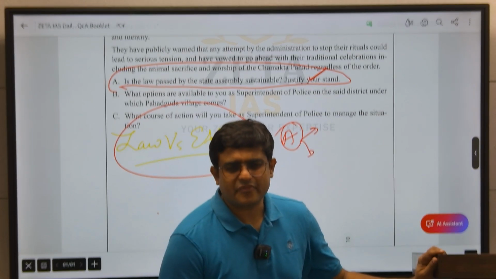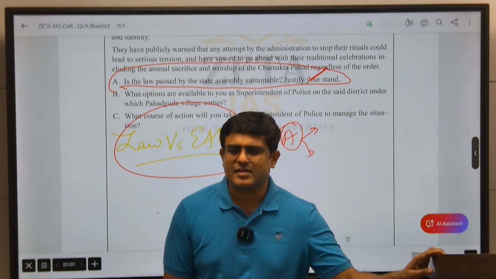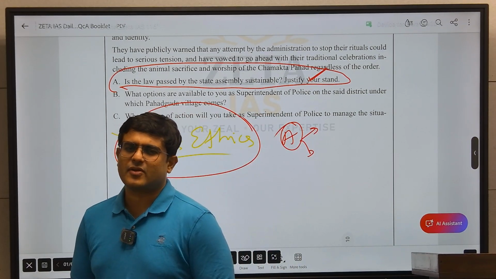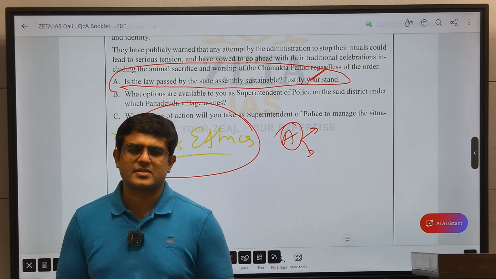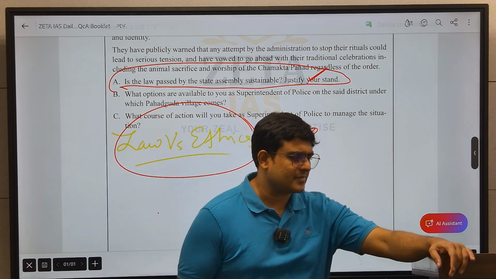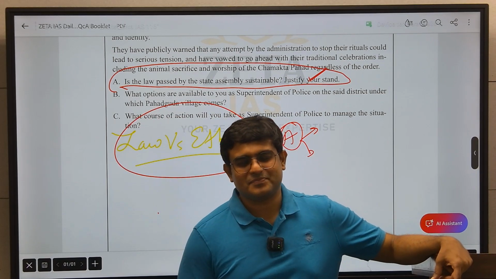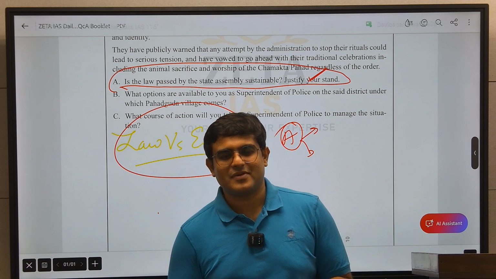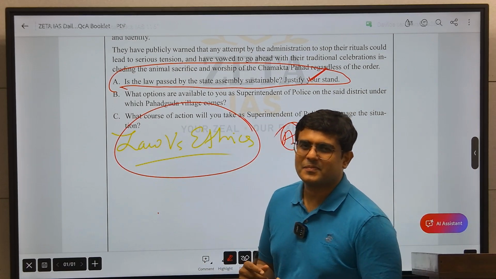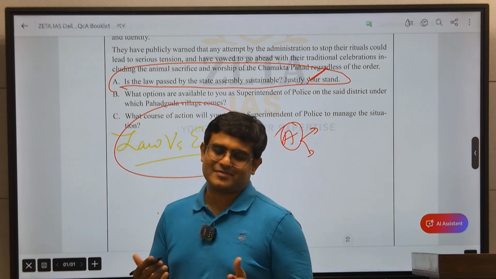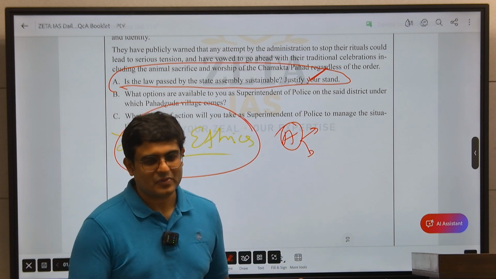The Constitution of India outlines that there is a DPSP, that is, have compassion towards all living creatures, like non-violence. Okay, you connect with non-violence.